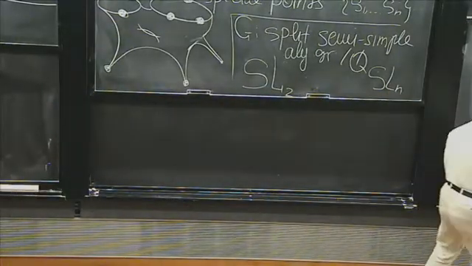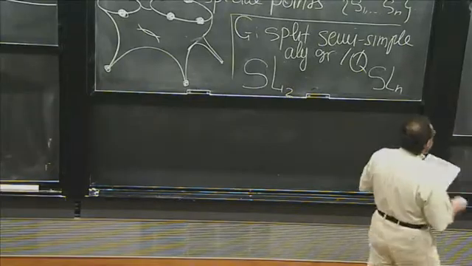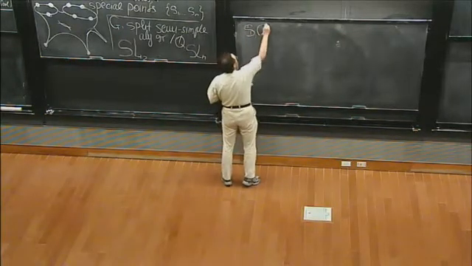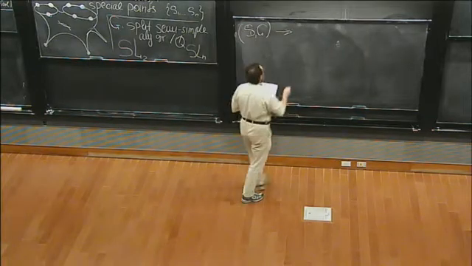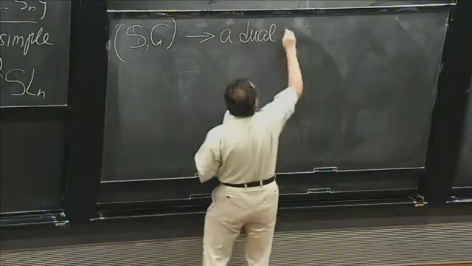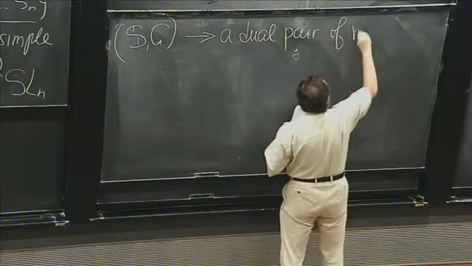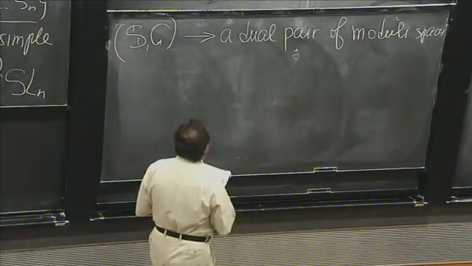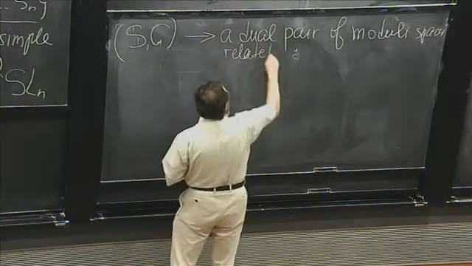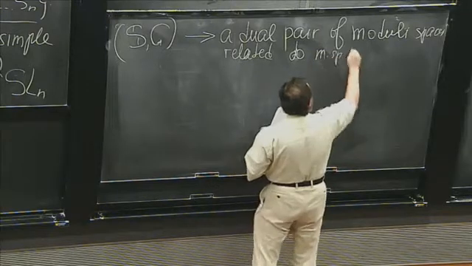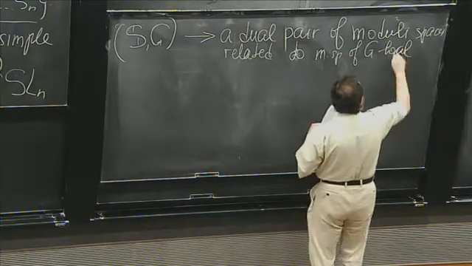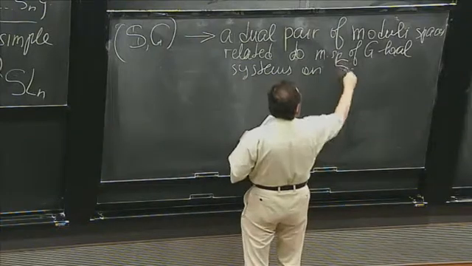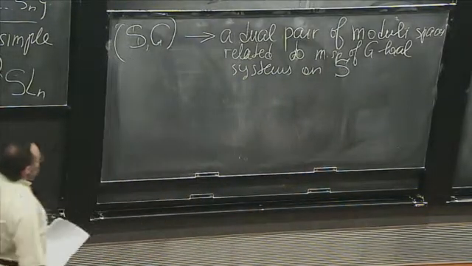What I want to do, starting from this pair, G and S, is define a dual pair of moduli spaces, which are related to moduli spaces of G-local systems on S. Notice that here S is not this S, but just the surface.